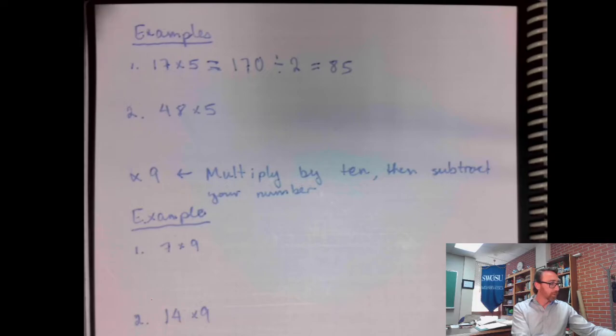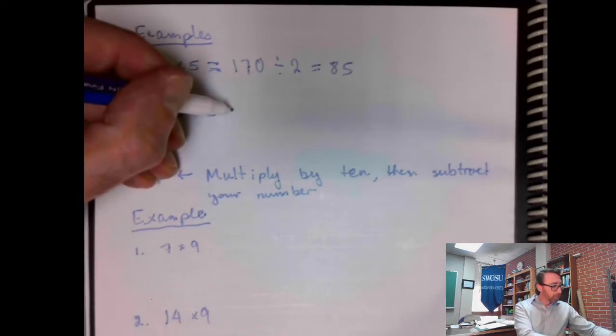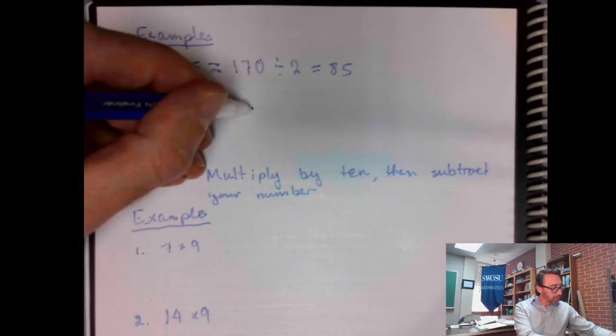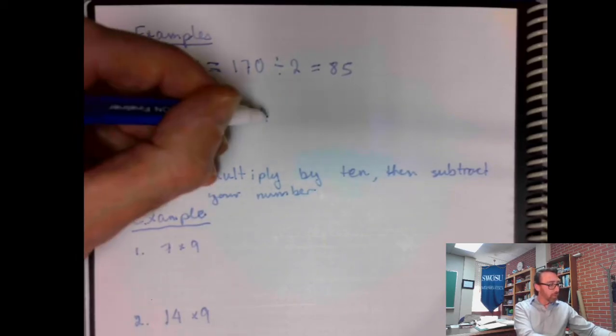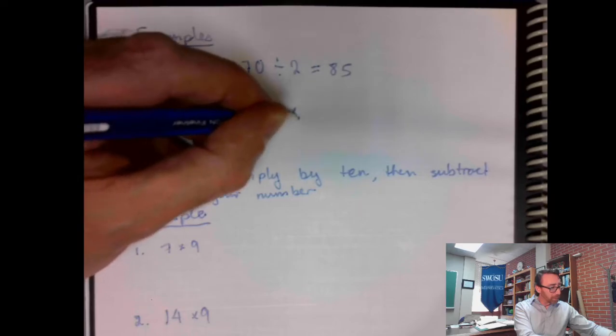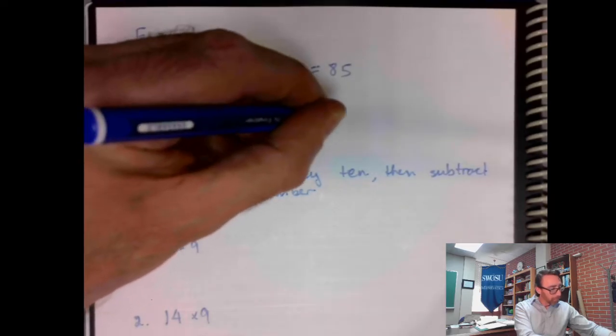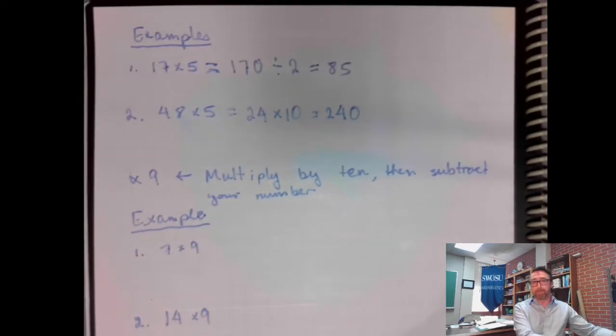Okay, 48 times 5. Okay, here's what I'm going to do. I'm going to take my number 48, cut it in half, 24, and I'm going to multiply that by 10. 240. Okay.